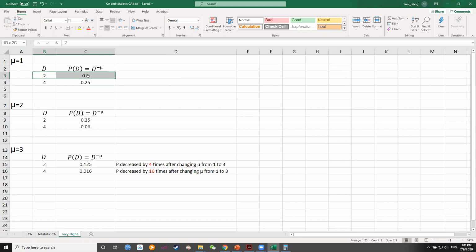Shorter distance, 0.5. Shorter distance, 0.125 is still likely to happen. But for longer distance, it's pretty hard to survive when you change mu from a smaller value to a larger value. 0.25 to 0.016, it's almost impossible to pick it, okay?